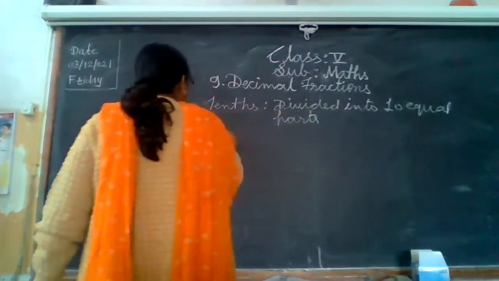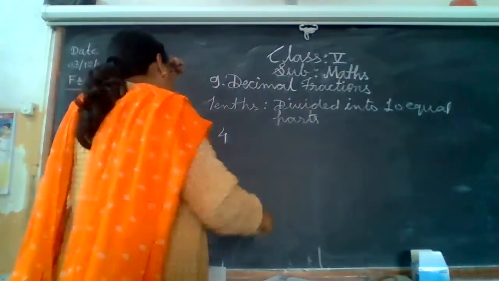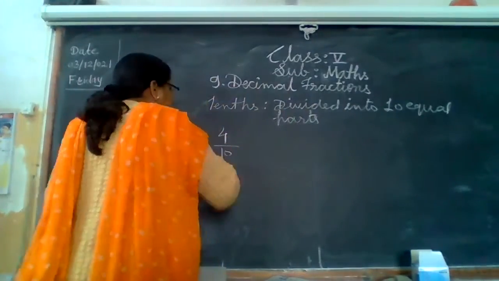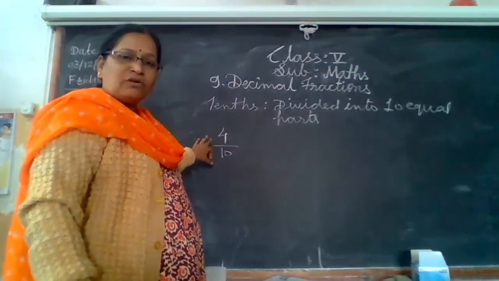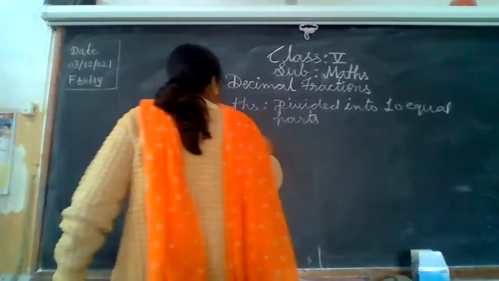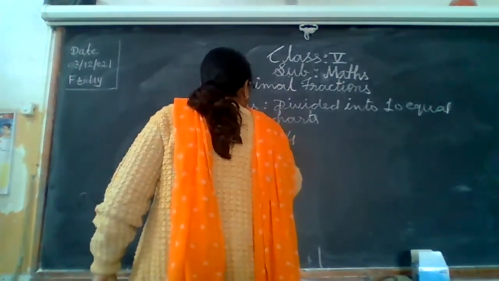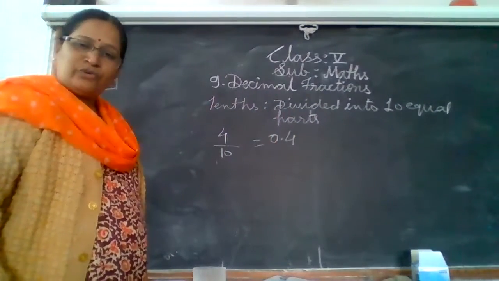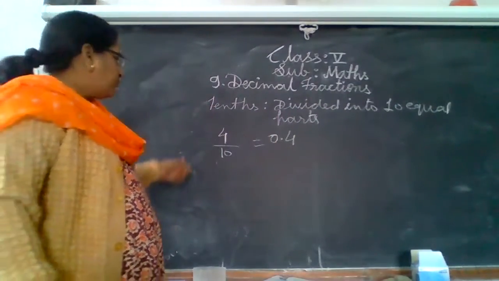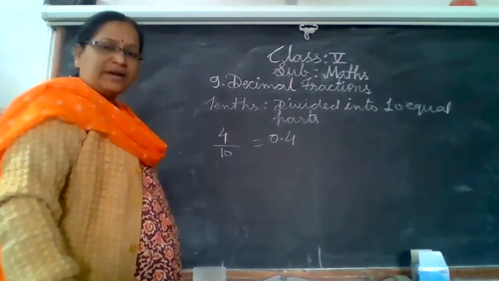For example, 4. If you divide it by 10, how will you read this number? 4 tenths. So if you divide this 4 by 10, what do you get? 0.4. 4 tenths.